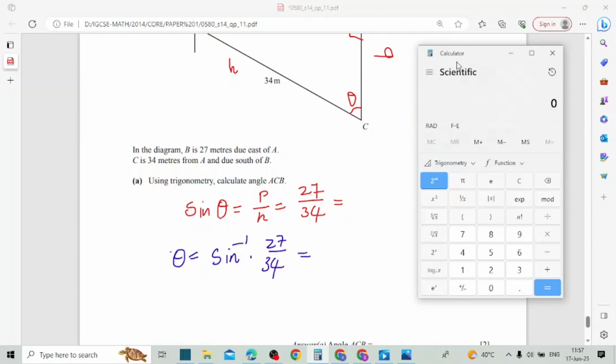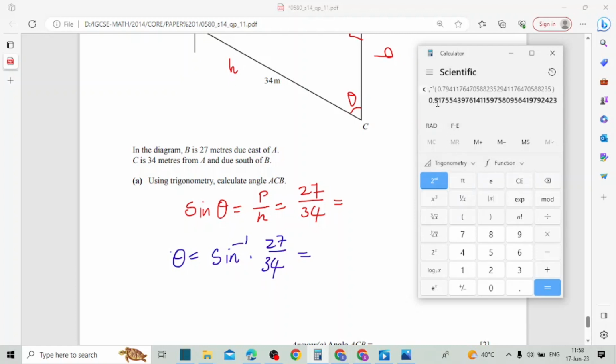Now, 27 over 34 is about 0.79, and then I go to the trigonometric options, second, and then sine inverse.